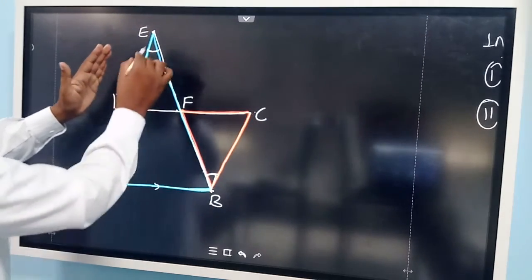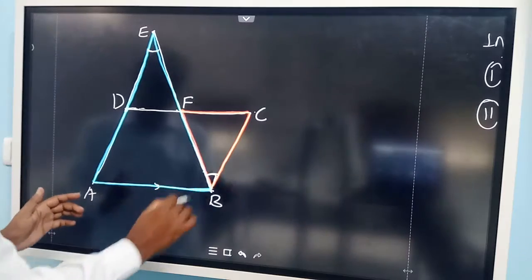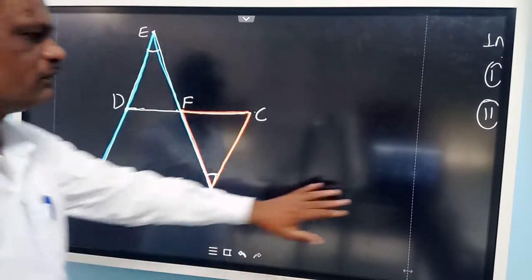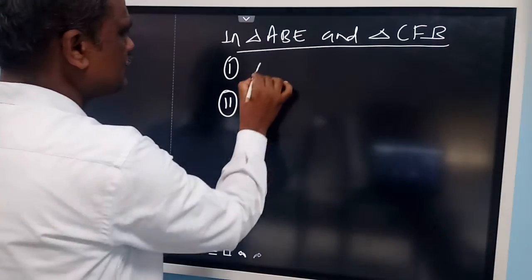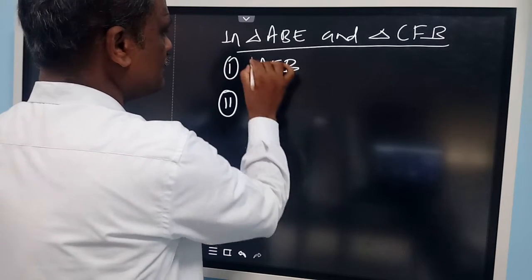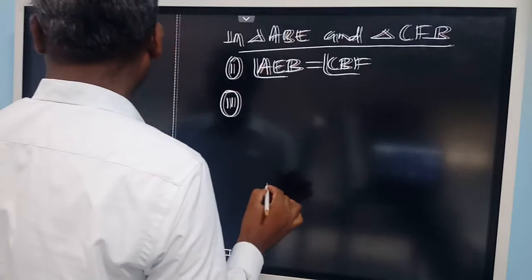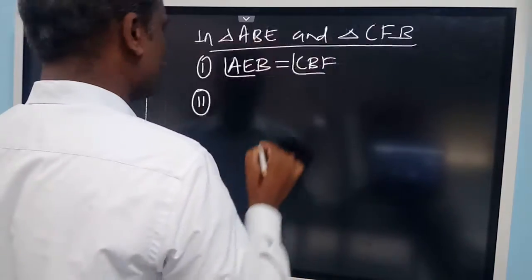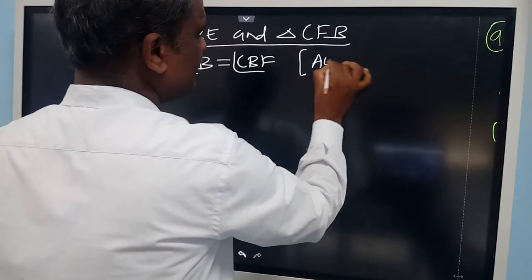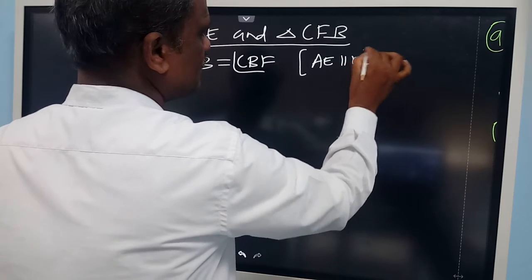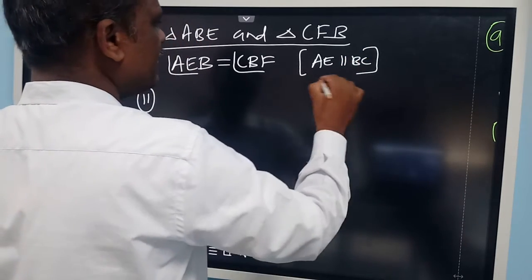So I can write angle AEB is the same as angle CBF, because AE is parallel to BC, and they are alternate angles.